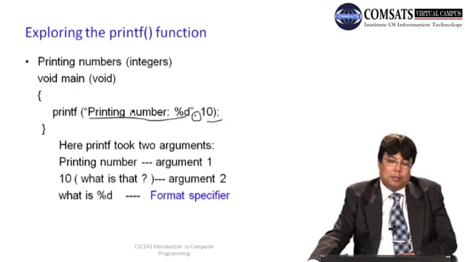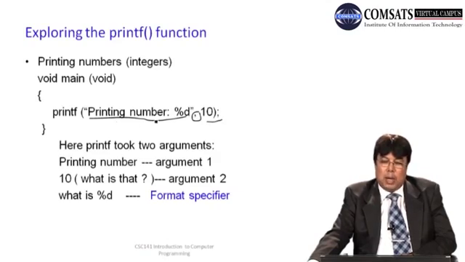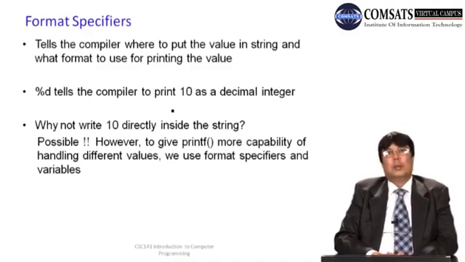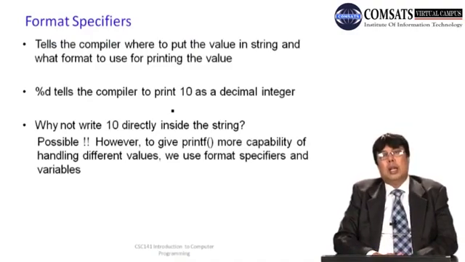Let's go back again. Printing number %d tells the compiler to print printing number colon, then place the decimal 10 here. So the compiler is educated that the second argument should be printed as an integer, because we have used an integer format specifier.